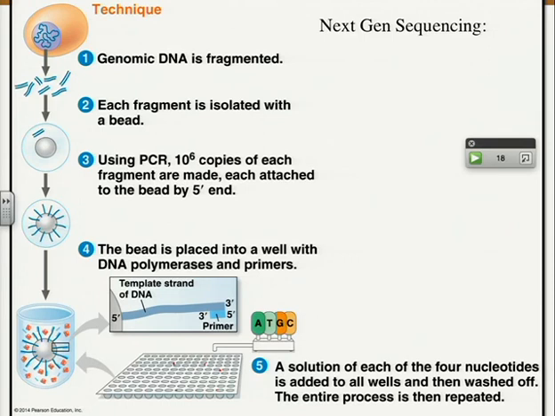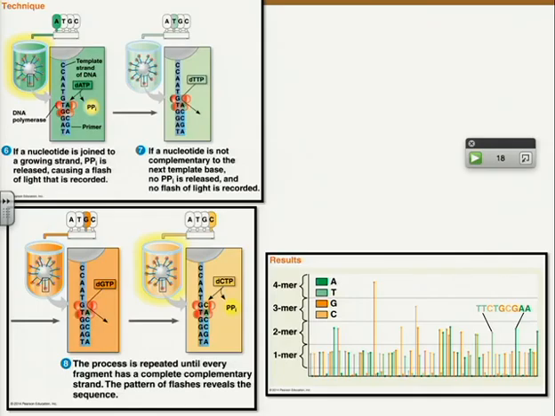So each well is going to fluoresce, or signal, when one of the four nucleotides is added. So all of this is done, like I said, robotically, and what's being detected is the flash that comes when the nucleotide has been incorporated and the pyrophosphate is released.